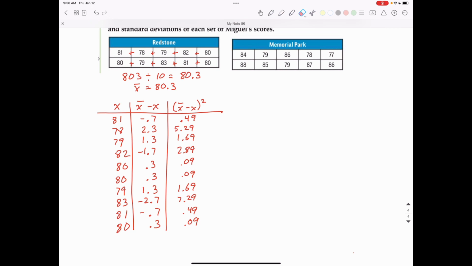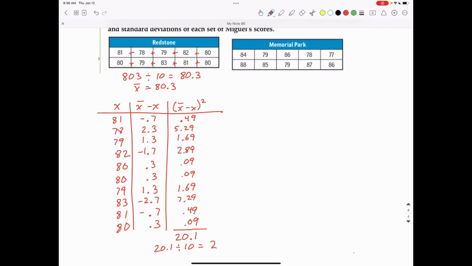Then we're going to add that entire column of numbers together. When we add the third column together, we get 220.1. We're going to divide that by the number of pieces of data we have. So we take 20.1 divided by, there are 10 pieces of data.